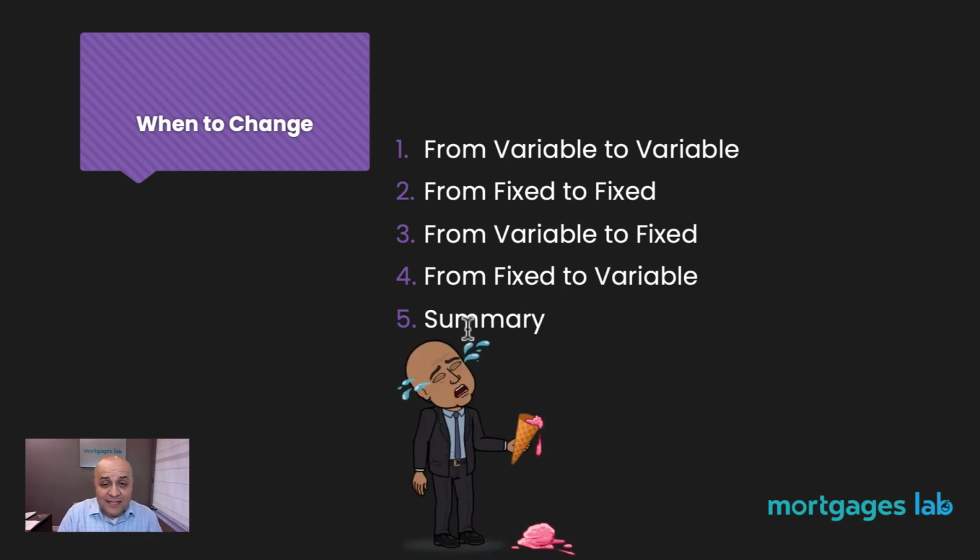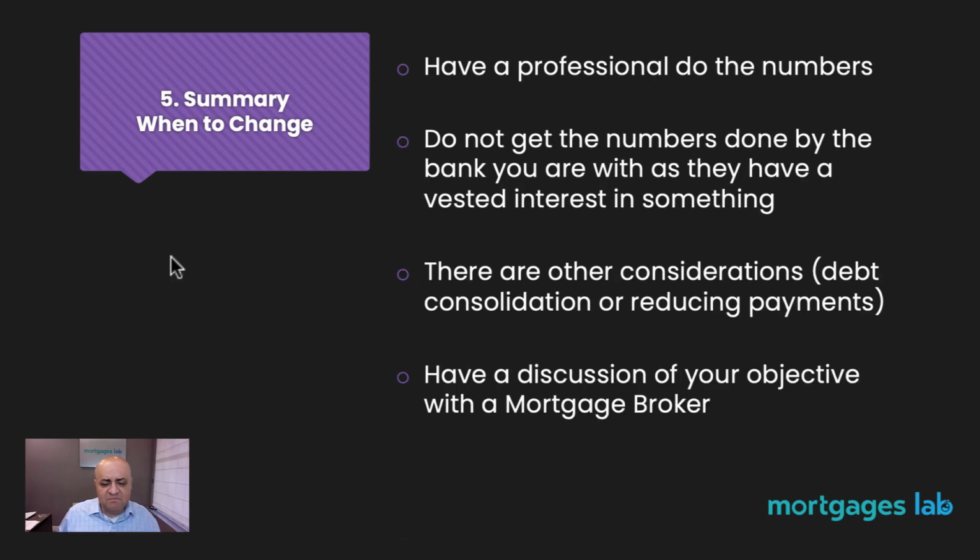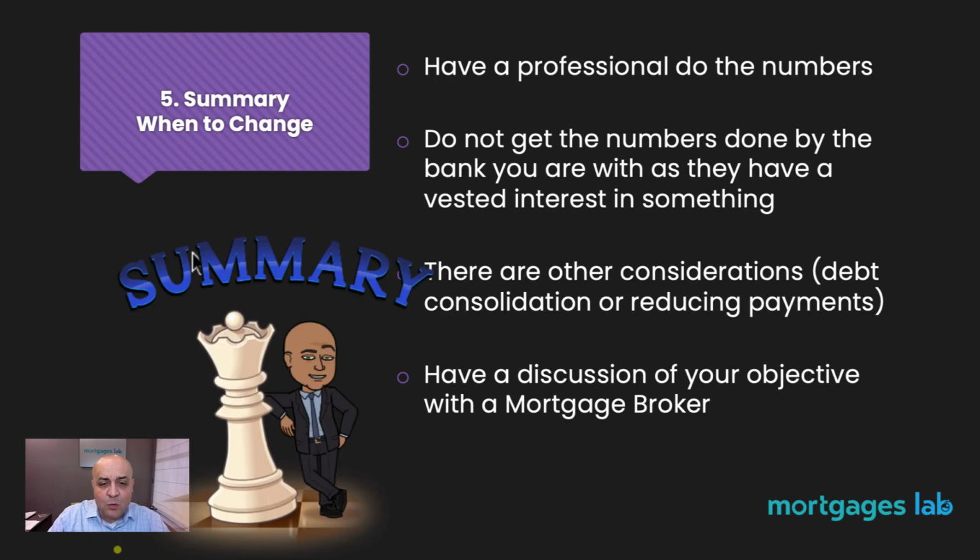Okay, we're getting to the end, so let's talk a little bit about the summary. When to change? I always say have a professional do the numbers. Have a professional mortgage broker that knows what they're doing do the numbers for you, so you have this in black and white.